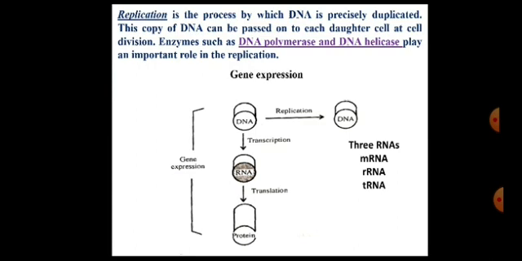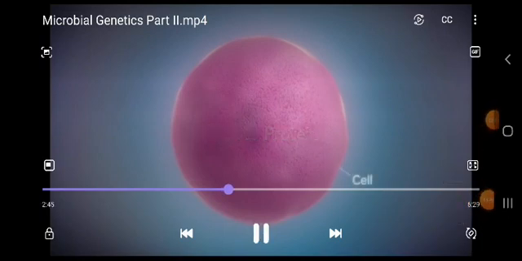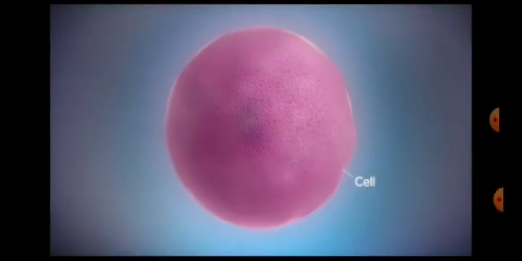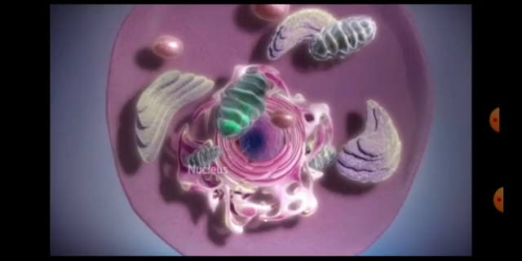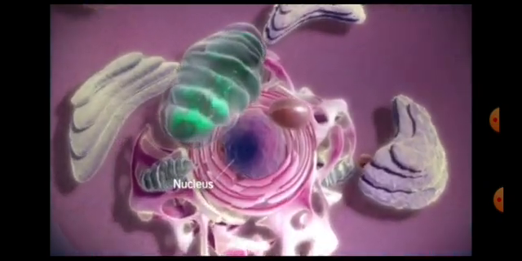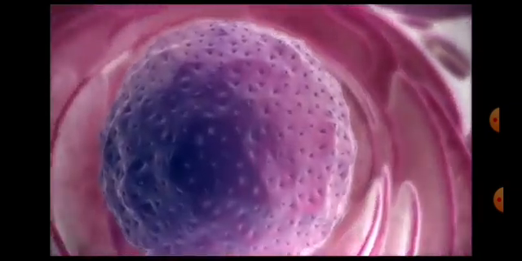mRNA is synthesized from the DNA, and it is called messenger RNA. Suppose this is a cell, that is a eukaryotic cell. It contains a nucleus, and this nucleus contains chromosomes. This is called a genome.